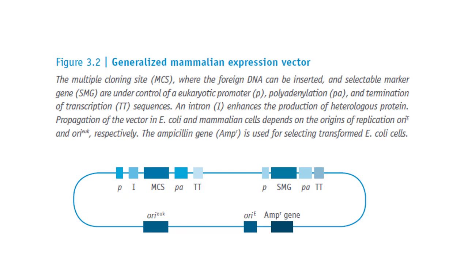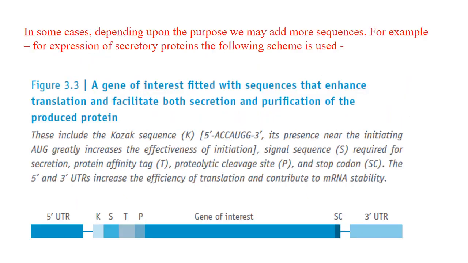Besides, there are ampicillin resistance genes. In some cases, depending upon the purpose, we may add more sequences, such as secretory proteins. If you want to express them, we need some sequences called linker sequences.